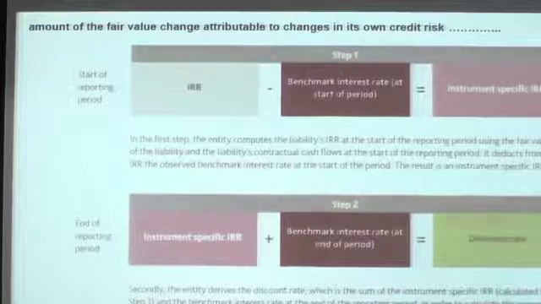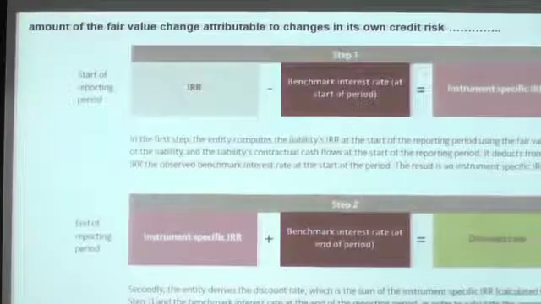Therefore, their initial cash inflows as well as future cash outflows will differ from the strong company. If you calculate your own IRR for your own instrument, is that clear? You can calculate a separate IRR, but at the same time you have a market interest rate.